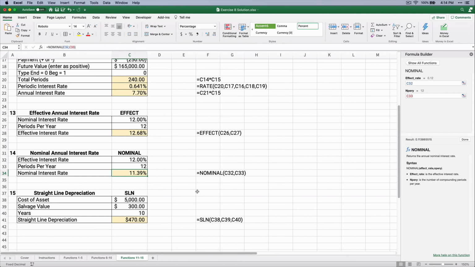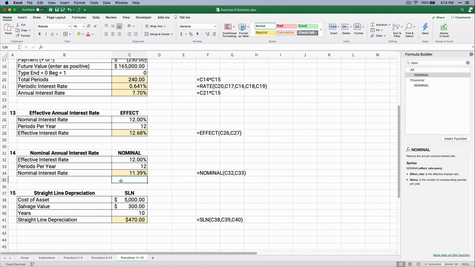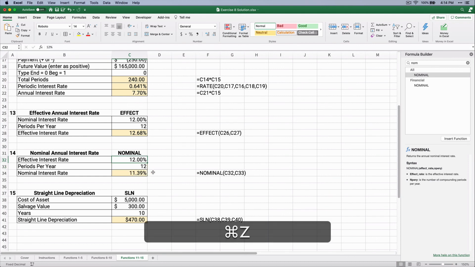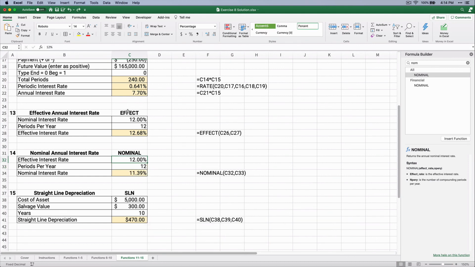So it's going to calculate the nominal rate. We could get 11.39% compounded monthly, and that would be effectively 12% for the year. So let's do this: an effective 12.68% is getting a nominal interest rate of 12%. So you can work your way and figure out the difference between effective versus nominal rates.